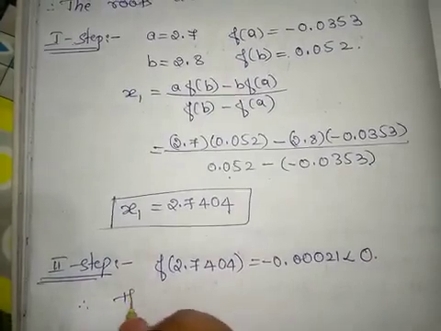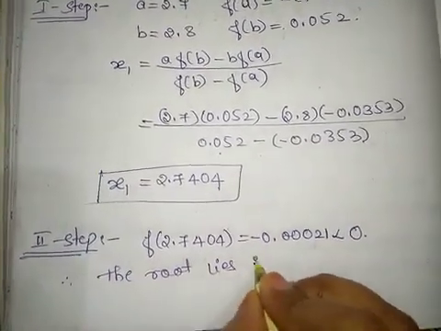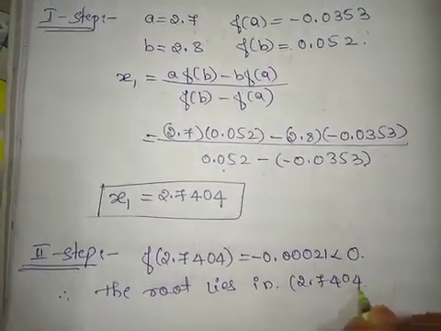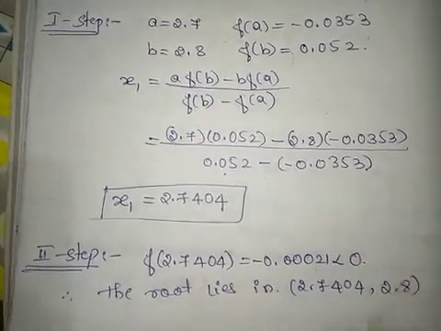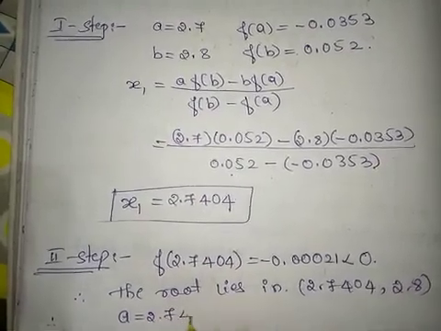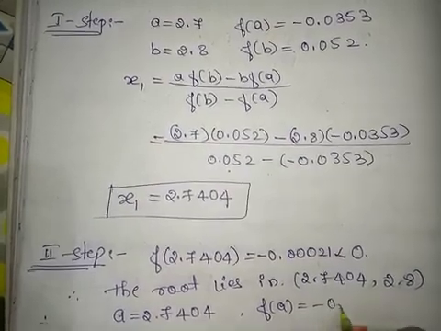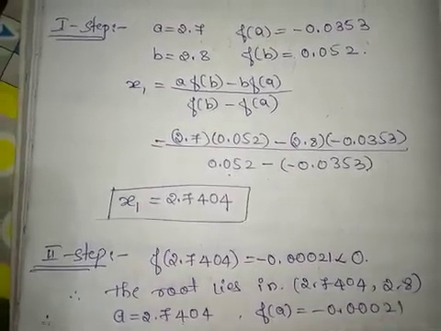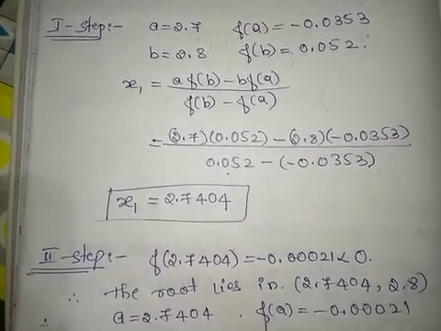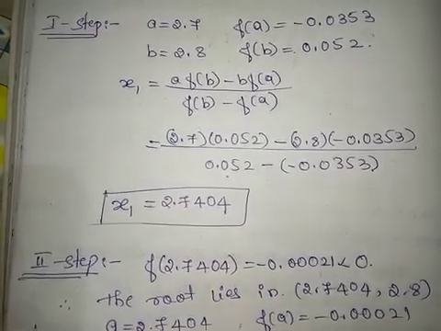Therefore, the root lies in 2.7404, 2.8. Therefore, a is equal to 2.7404 and f of a is equal to minus 0.00021. B value is same, that is 2.8. F of b value is same, that is 0.052.